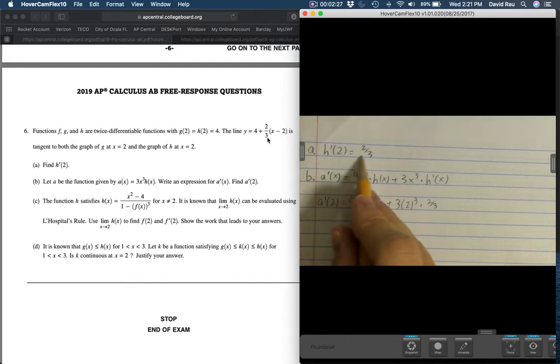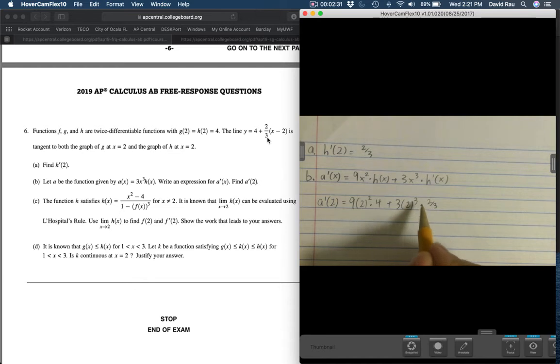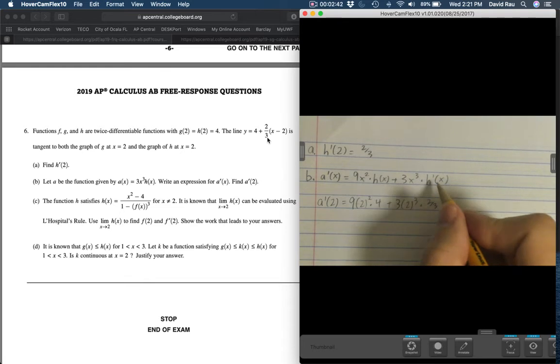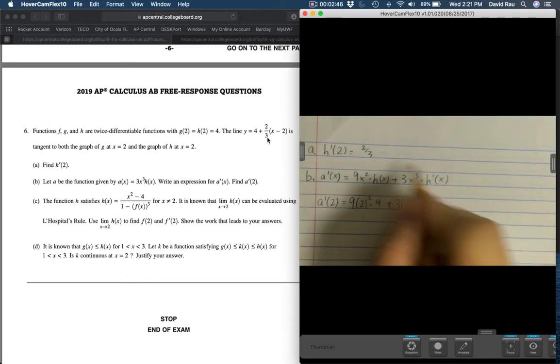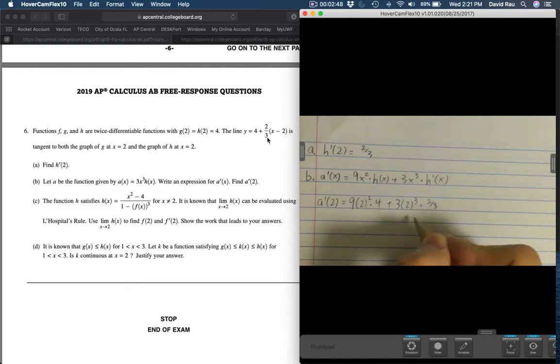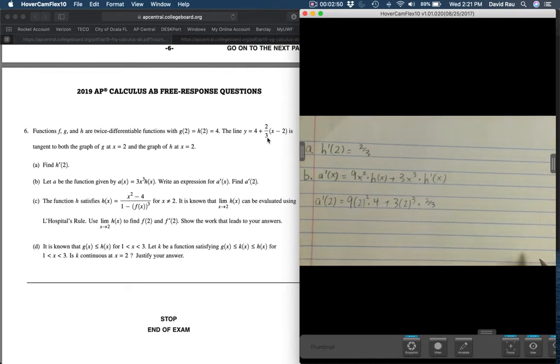Make up an answer for this, however crazy it is, and then use that answer and continue on. AP will usually continue. If you have a past result that's incorrect, but you continue using the correct method, you can still get credit for it. So if you skipped part A and you realize that's what you need right here, make something up for part A so that you can at least continue on and get part B correct.